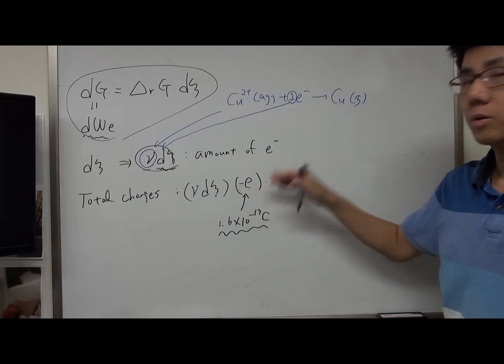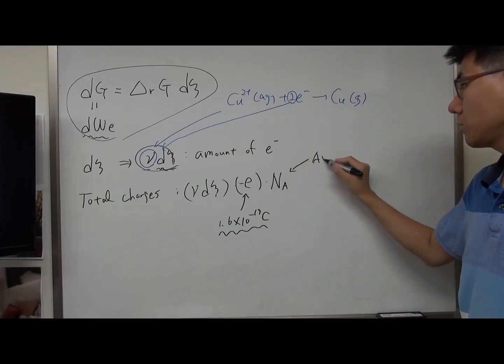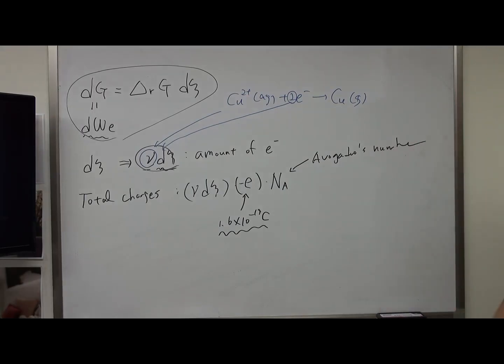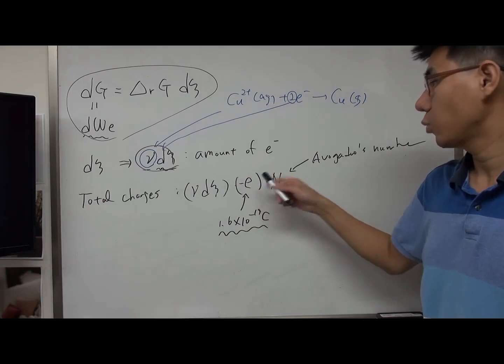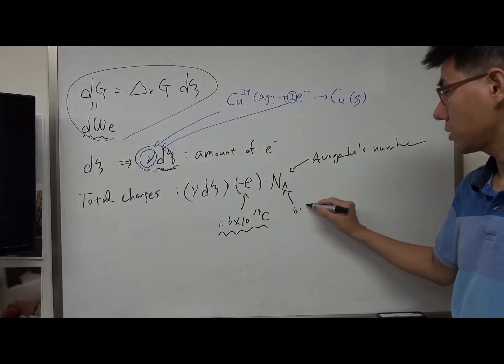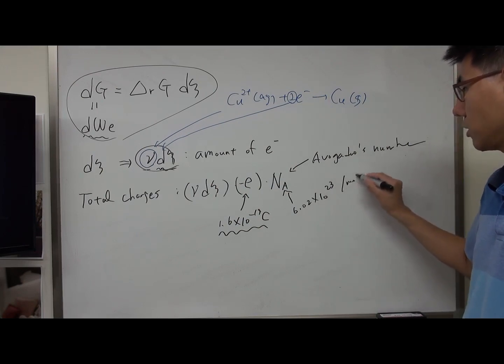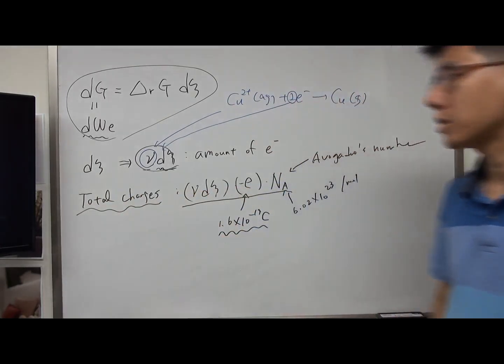To calculate something per mole, you can simply multiply by Avogadro's number, 6 times 10 to the 23rd per mole. So this corresponds to the total amount of charge.